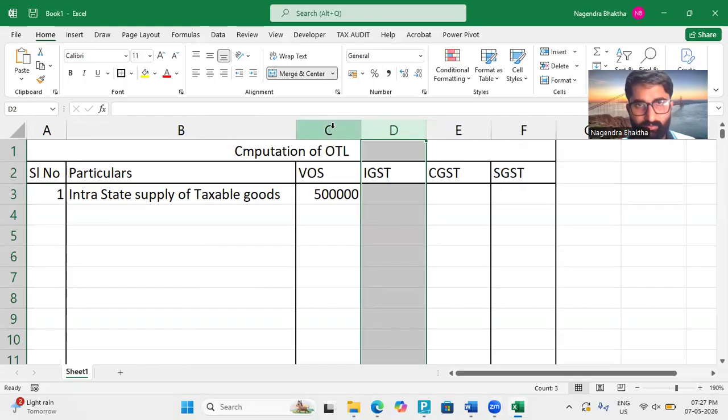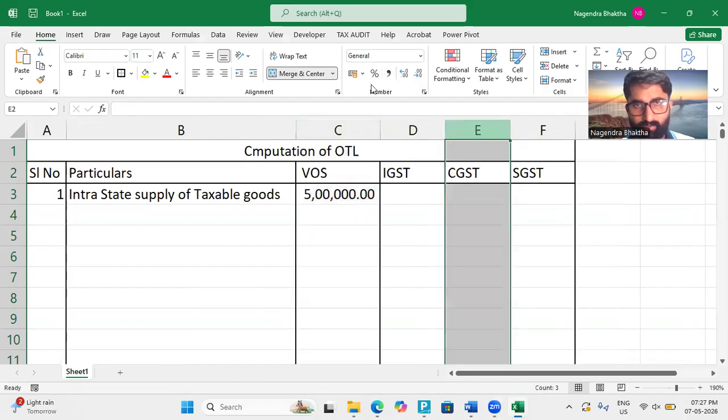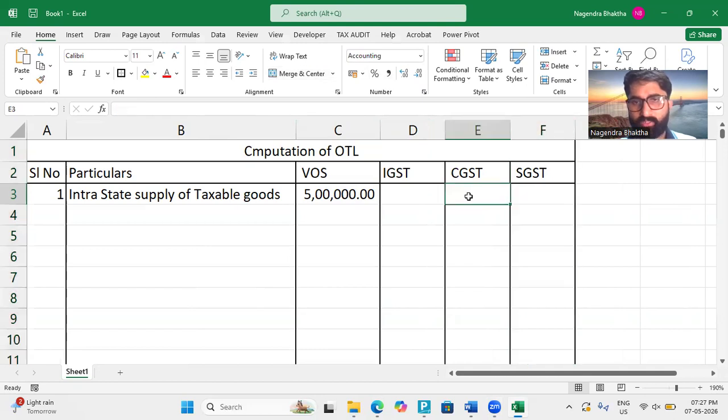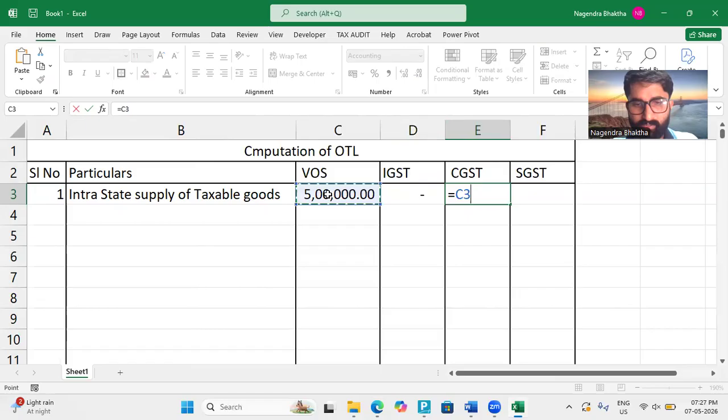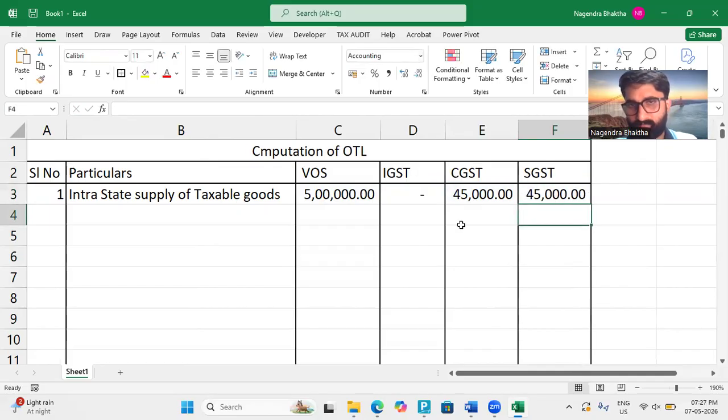Okay, so here also I'll put this comma, and to the SGST too. Okay, 5 lakh rupees. So here IGST is 0. And this is equal to 5 lakhs into 9% CGST, 5 lakh into 9% SGST. Correct. CGST 45,000, SGST 45,000.